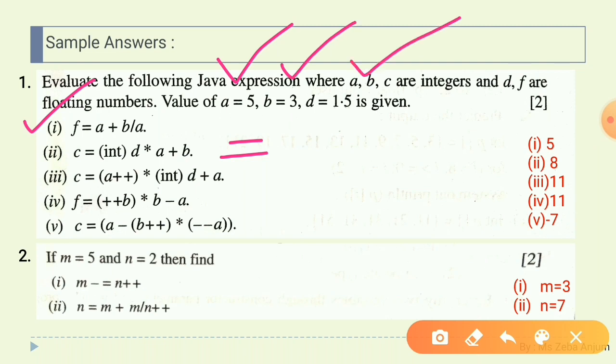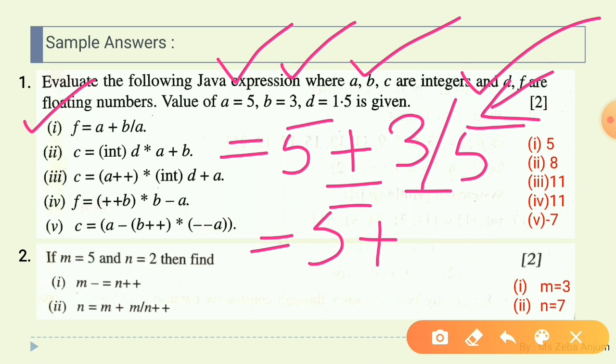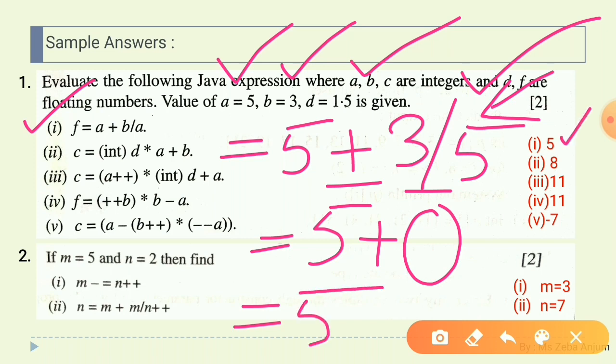Then a, that is 5, plus b, that is 3, divided by a, again 5. Among this addition and division, firstly the division will take place, so it is going to give you the quotient. So 5 plus, when you divide 3 by 5 you will get 0 as a quotient. So 5 plus 0 will give you 5. So the value of f is 5, hence the first answer is 5.